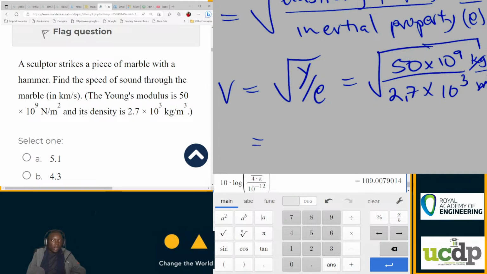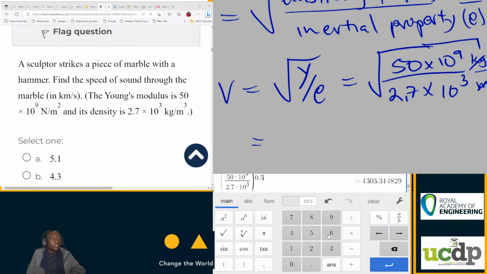Okay, so now the values. 50 times 10 to the power 9 divided by 2.7 times 10 to the 3, everything to the power 0.5.